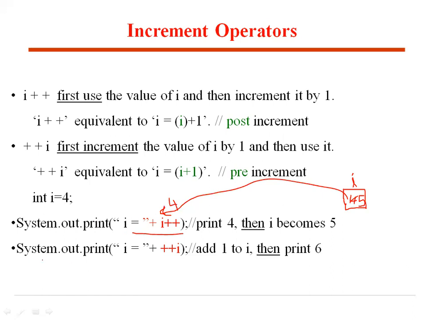In the second way, see here, System.out.print with ++i. There should be a space between the plus and ++i, otherwise the compiler gives an error. So this is pre-increment. Pre means first you increment, that is what we are informing. So first the value of i will be incremented.